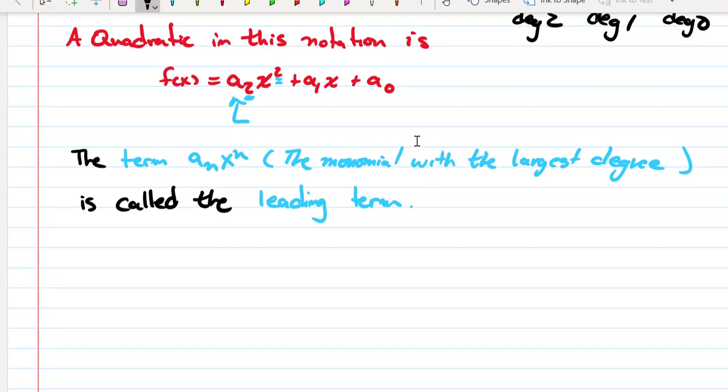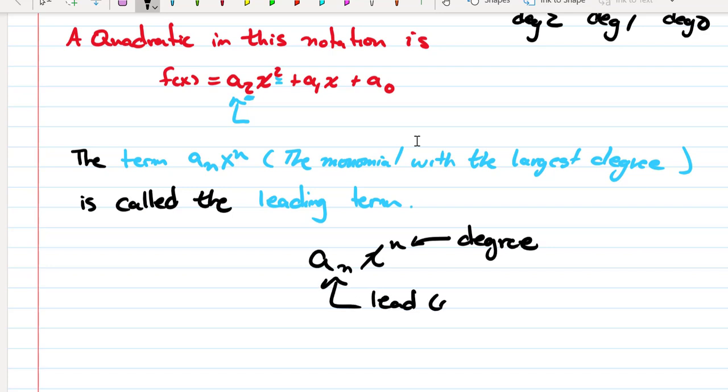So our leading term has two parts to it that we're going to be concerned with. One is the degree, and the other is the lead coefficient.